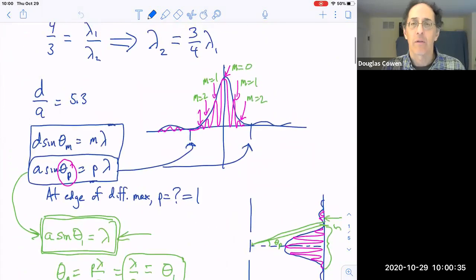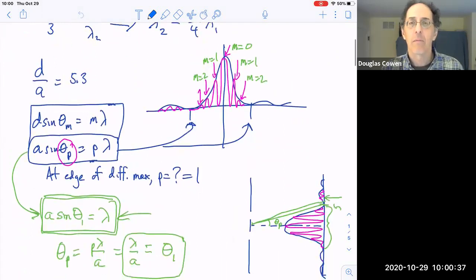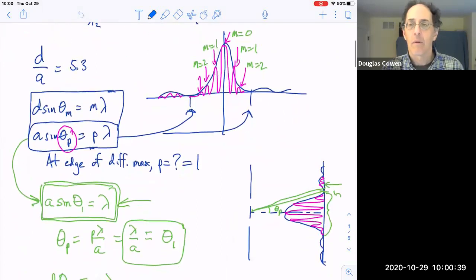So I don't know if you can see this here. Are you able to see what I have drawn up there? Okay.